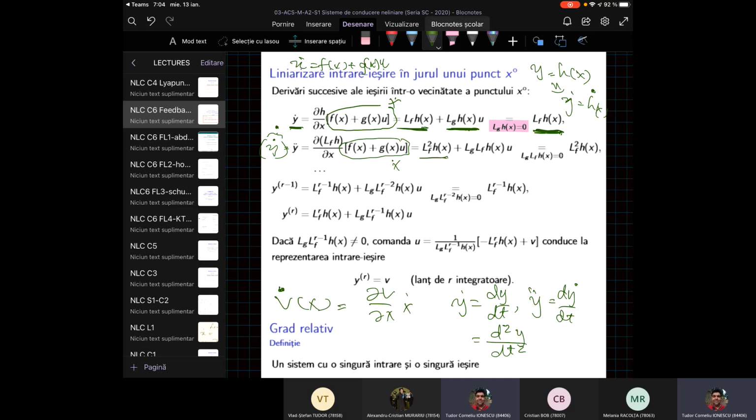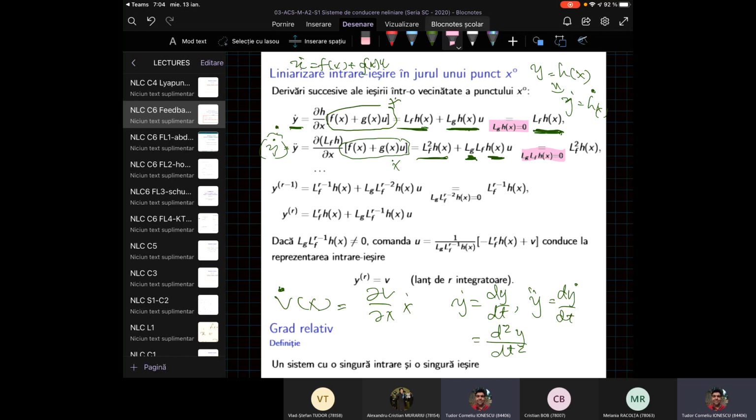We get this term because you get d(LfH)/dx times f(x), but d(LfH)/dx times f is the derivative, so it's Lf²h(x) by the definition of the Lie derivative. And then you get the derivative with respect to g of LfH. We also, again, assume this is 0.